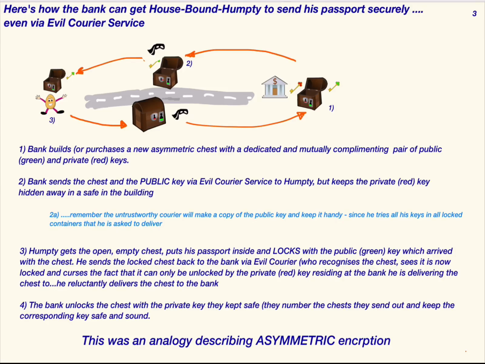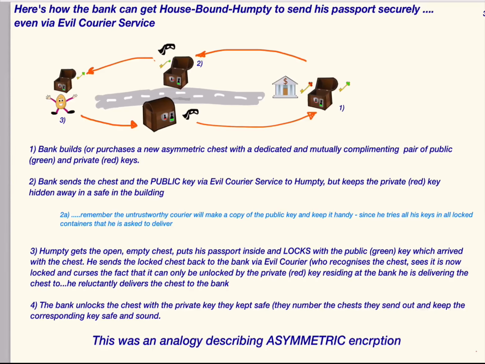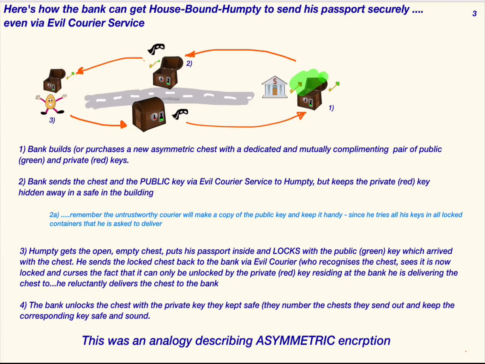So first of all, I'm going to say the bank gets hold of one of these asymmetric chests, and I'm going to say the bank does it because they are the ones who are going to own the private key. So when you buy one of these fancy asymmetric chests, in the box comes the private key and the public key.